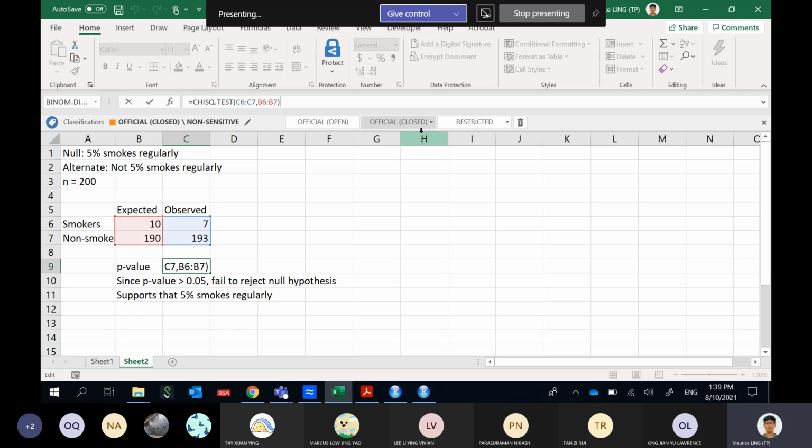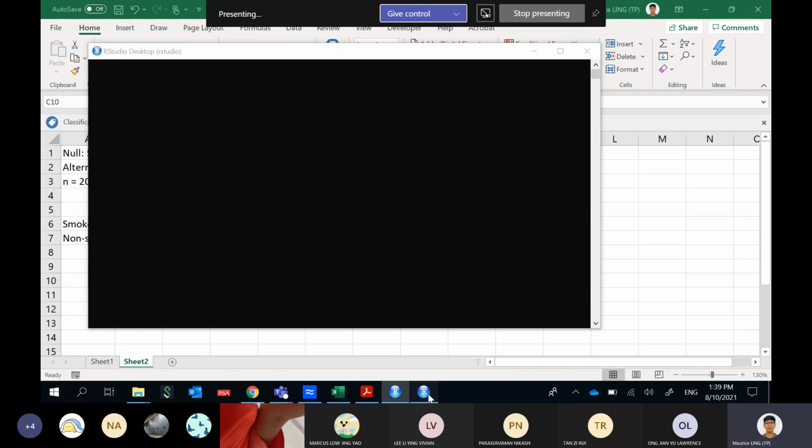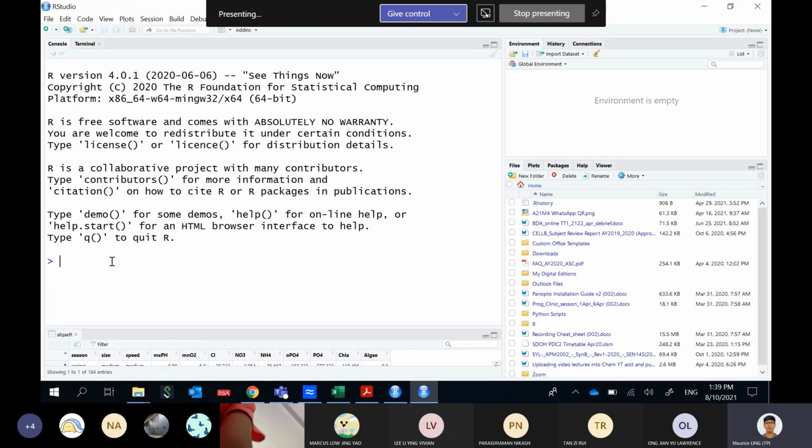Then let's see when we use R, do we get the same result? R is actually using this command. All you need to do is go to a chi-square test and you give it the observed values, 7 and 193.